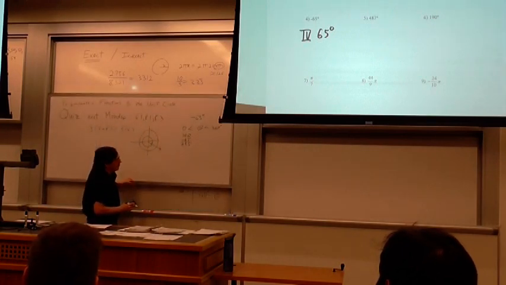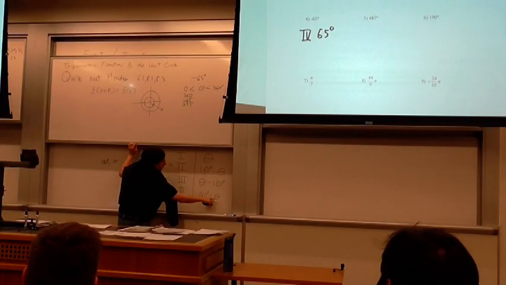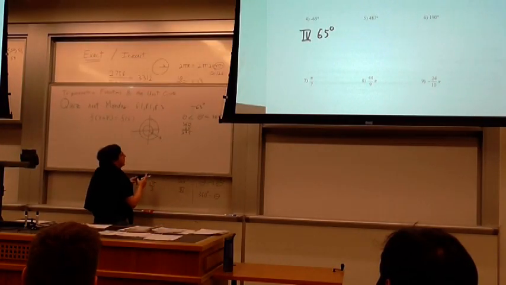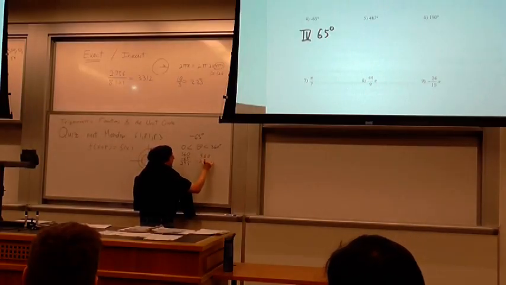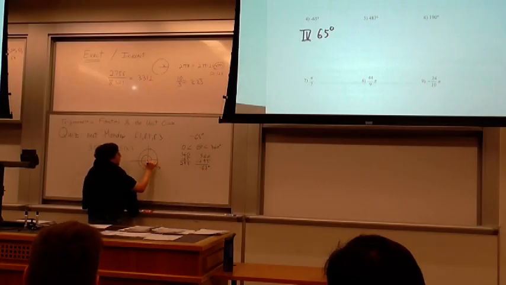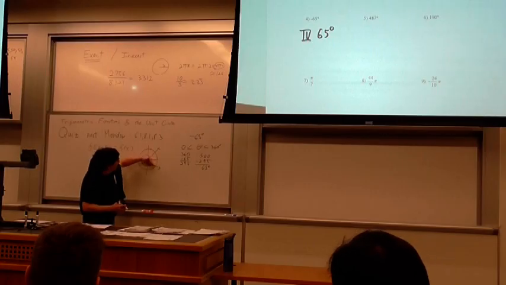So now we're going to use this formula. We're going to subtract our angle from 360. So 360 minus 295 is 65. Now, having done it the hard way, you can see right away that if this is negative 65 here, it's just going to be positive 65.